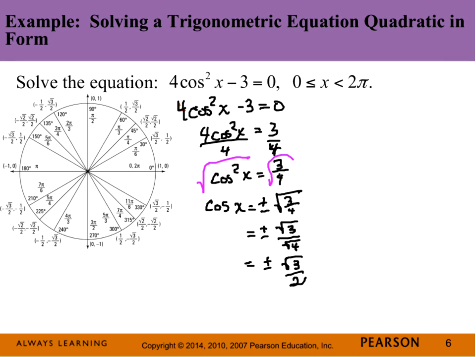So now I need to identify when my cosine is either positive or negative square root 3 over 2.